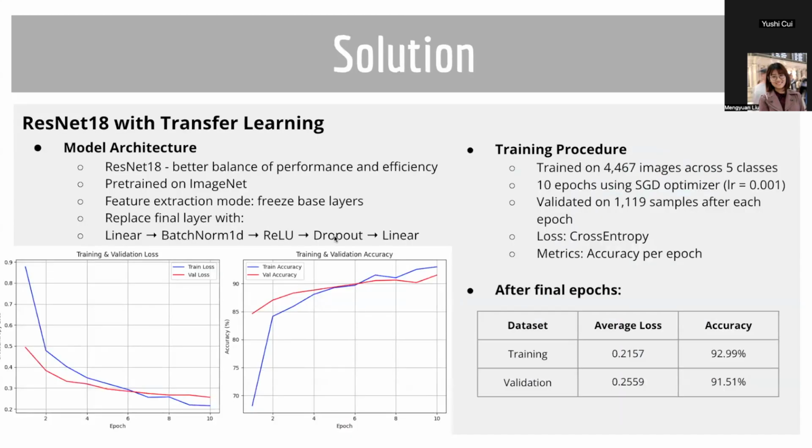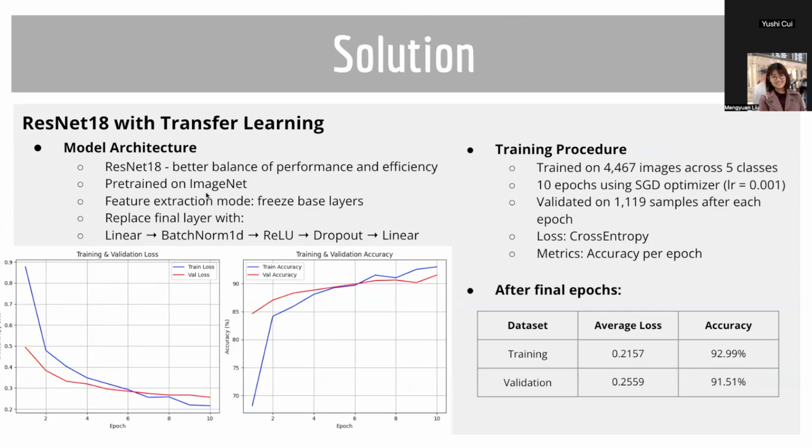So after observing that the custom model didn't achieve a very high accuracy, we aimed to improve the performance by implementing transfer learning with a ResNet 18 model. We chose ResNet 18 because it offers a better balance of performance and efficiency for our small dataset training.